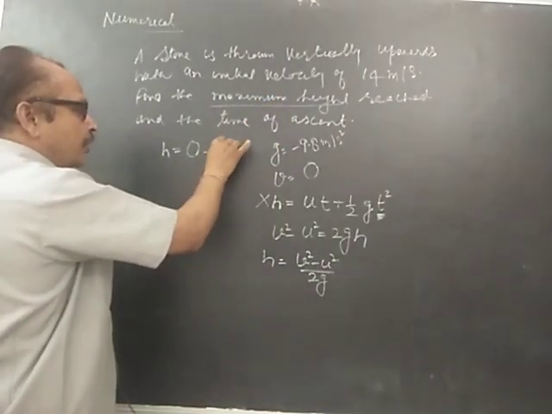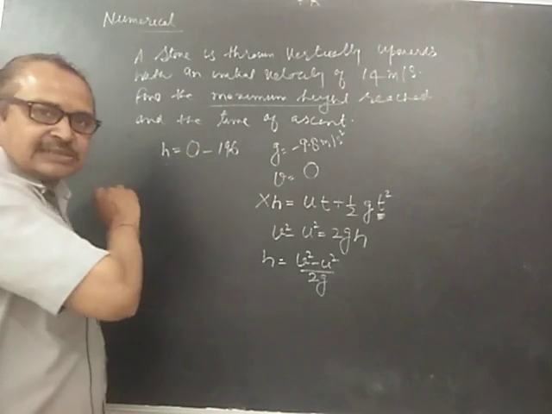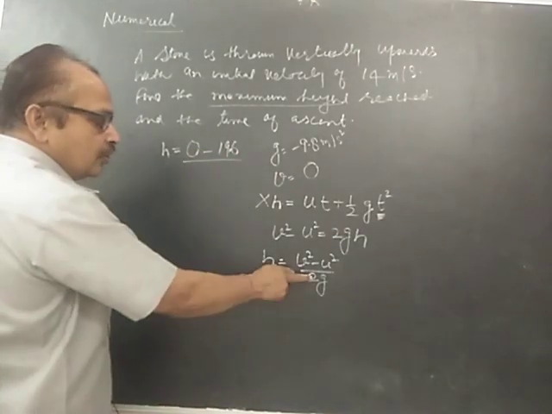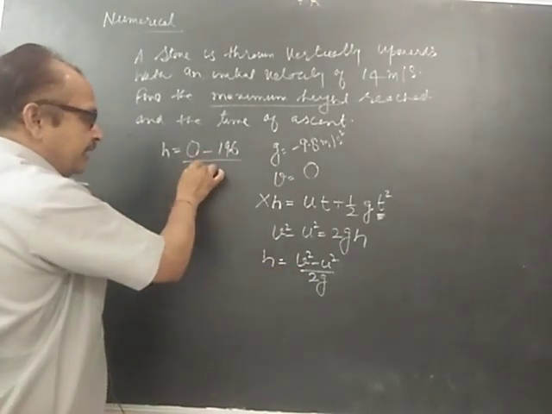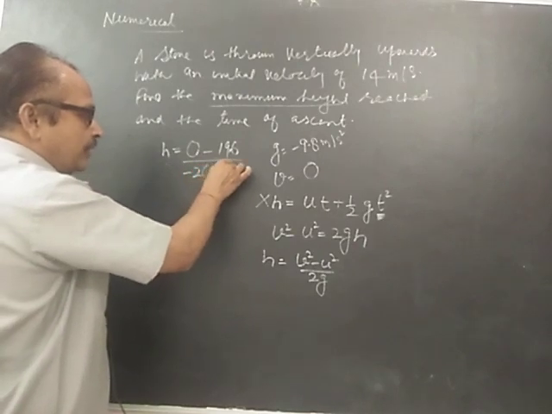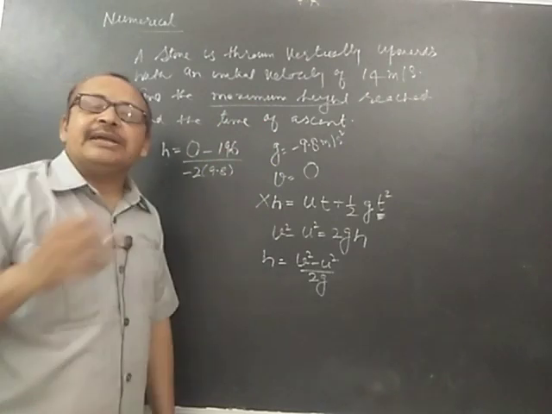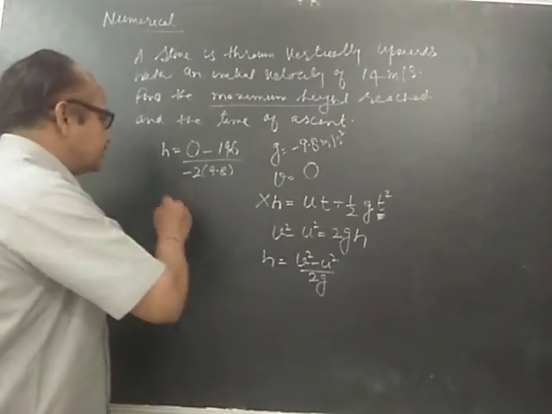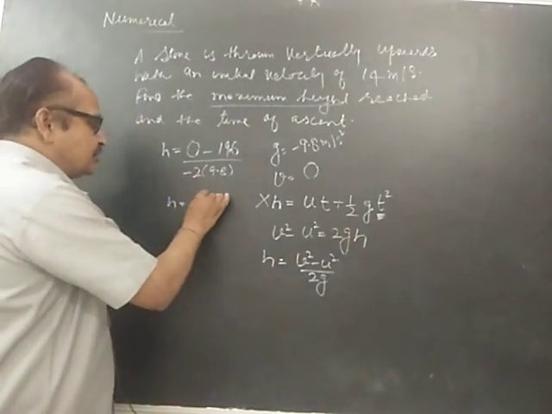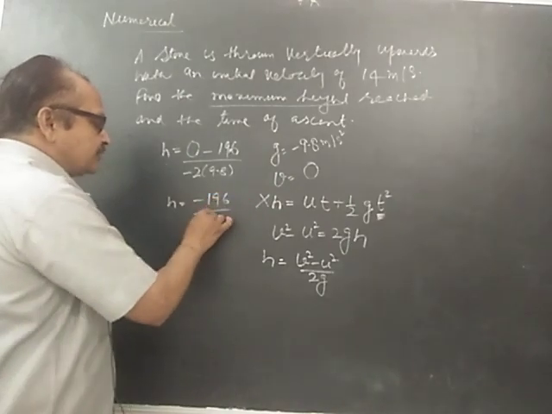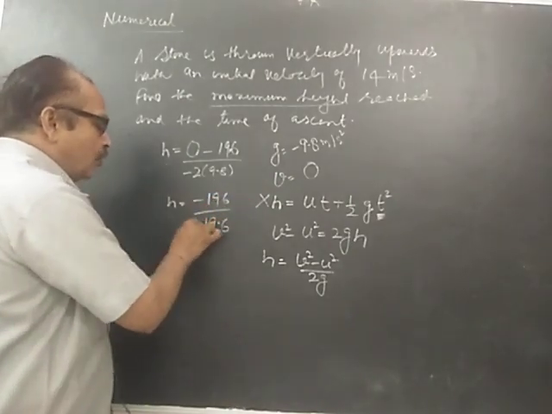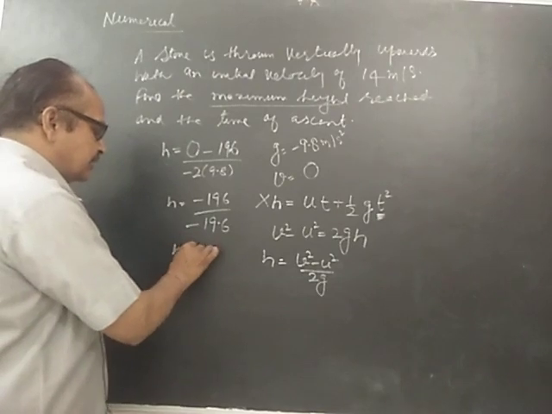So 14 14s are 196 over 2g, minus 2 into 9.8, minus because it is going against gravity. Shabash. So h is equal to minus 196 over minus 19.6.